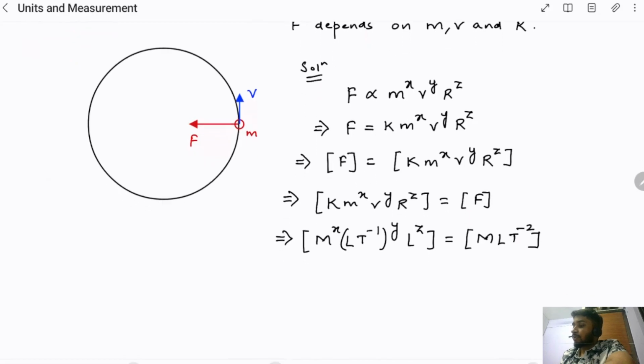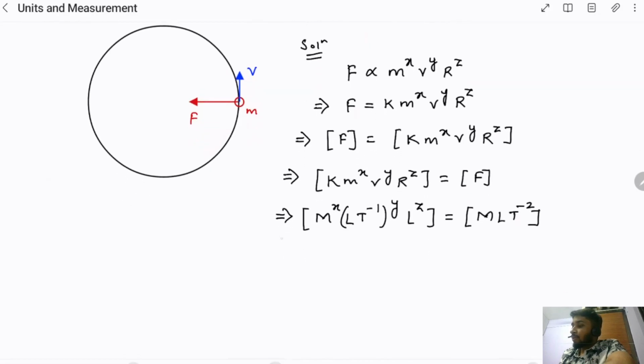Fine. Now the aim here is to bring the same bases together with their appropriate powers. So on the RHS we have only one term for mass, and the power of that is x.